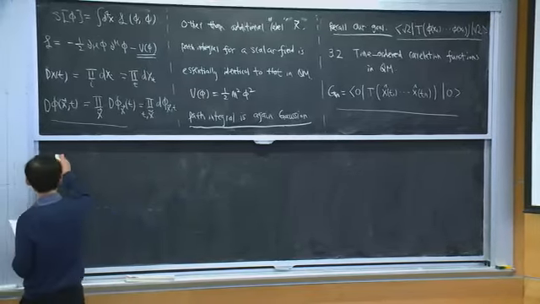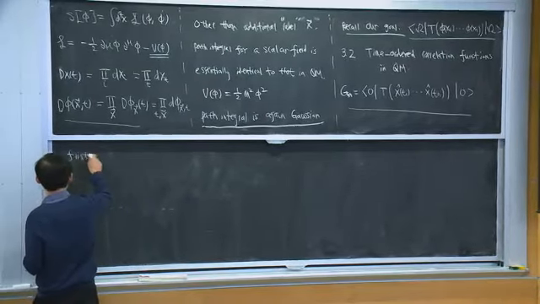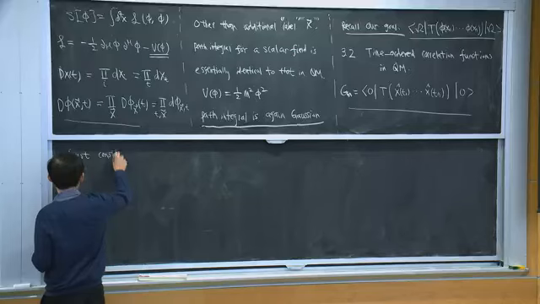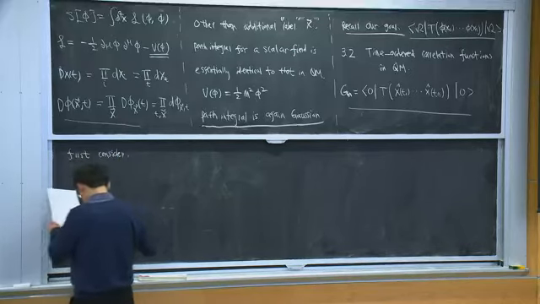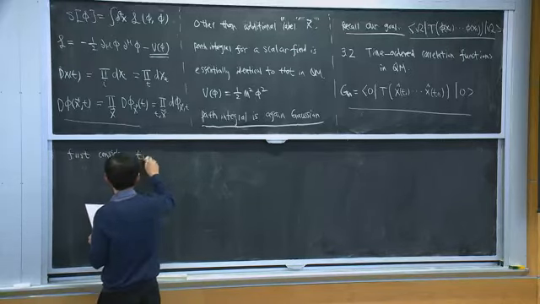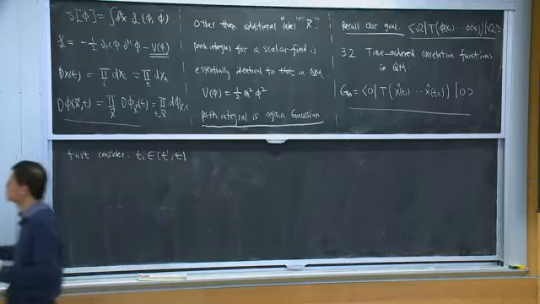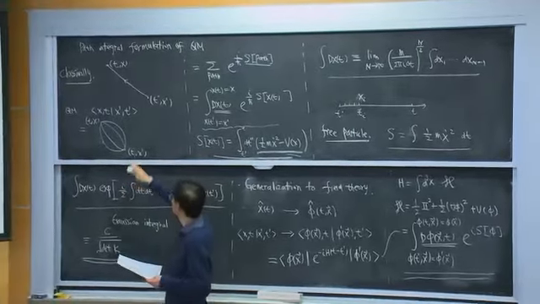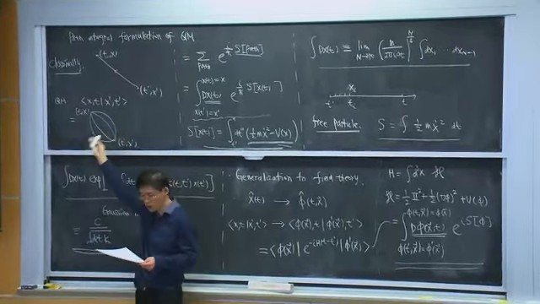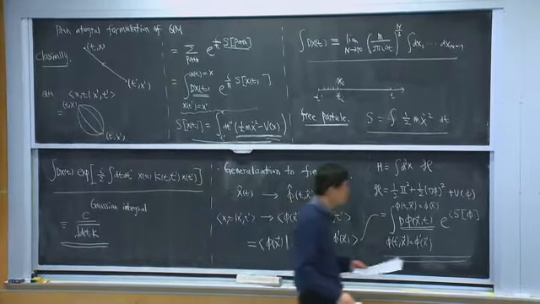Let's consider some time t1 between t prime and t. We go back to this problem, but we consider some time in between t prime and t. So now let's consider this object.